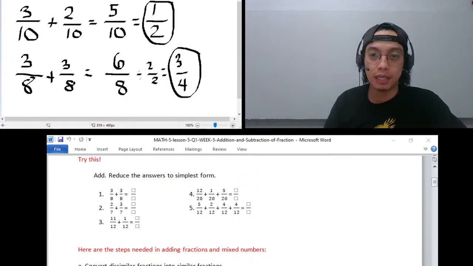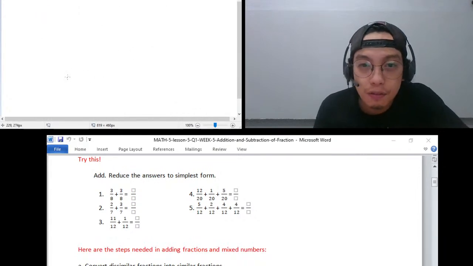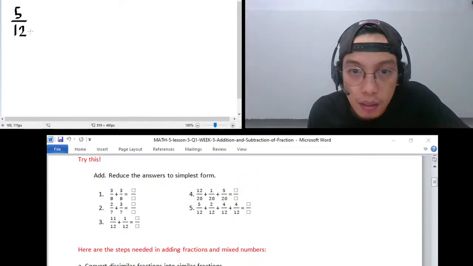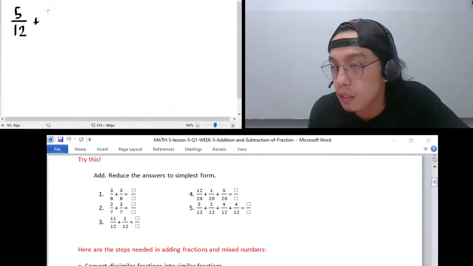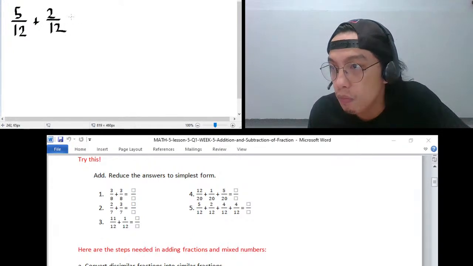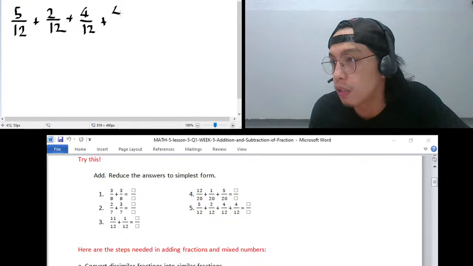Let's try to do kaning number 5 example. Alright. Let's do 5 over 12 plus 2 over 12 plus 4 over 12 plus 4 over 12.